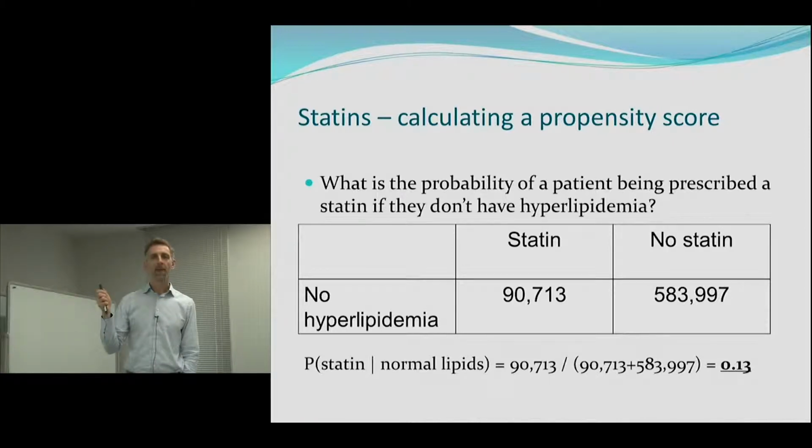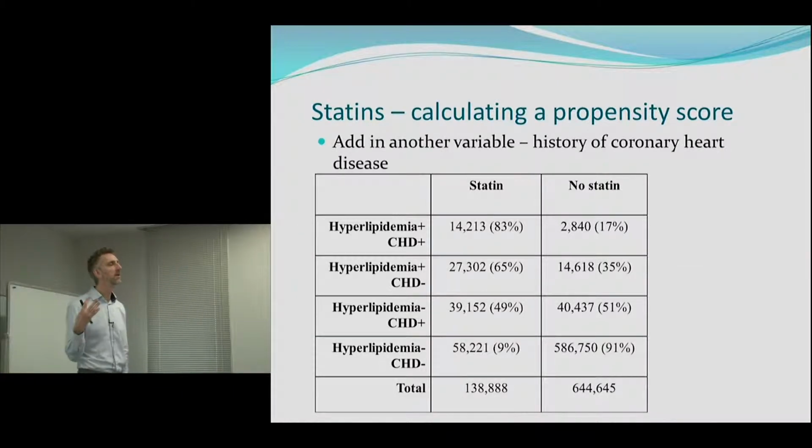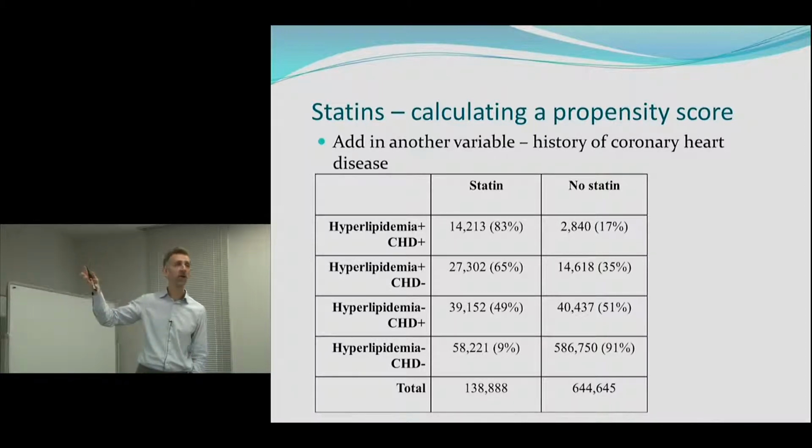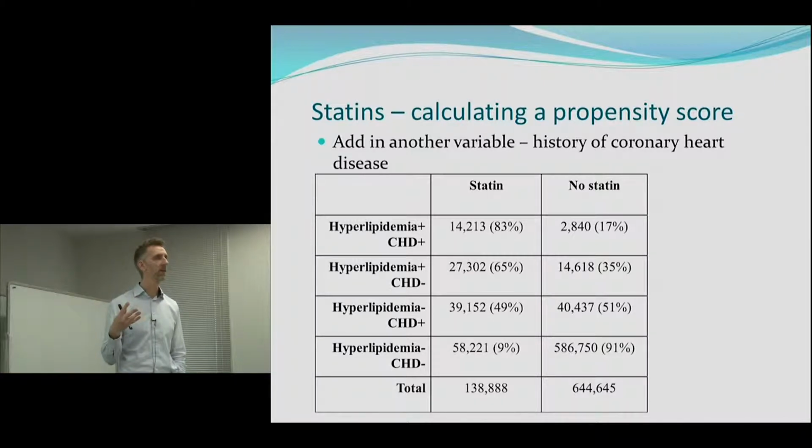So that would be in the strange world where only having high lipids influences the chance of taking a statin. Of course, that's not the case, and there are other things that would influence the risk of being prescribed a statin. So the second one, you may imagine, would influence the chance of having a statin is a history of coronary heart disease. So again, we would hope that people who've got this history might be prescribed a statin.